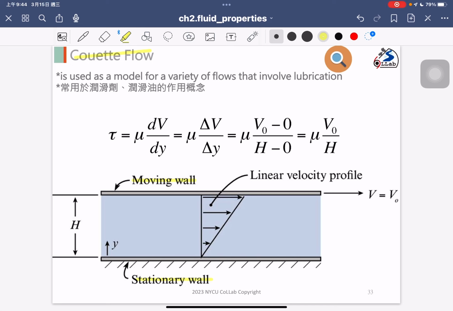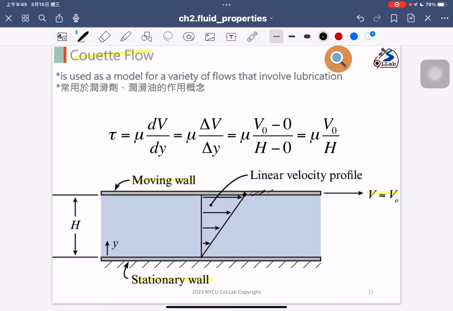And the velocity of the moving wall is V0, we assume. And as I highlight, there is a no-slip condition, right? So when the particle moves in here, the fluid will have the same flow velocity as the solid body. Okay, so this is the point. We should apply the no-slip condition.